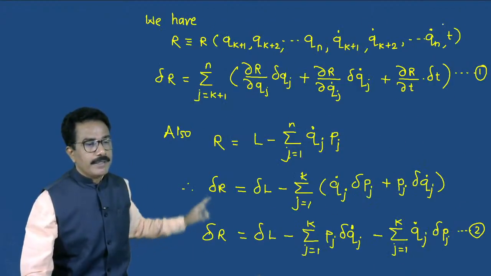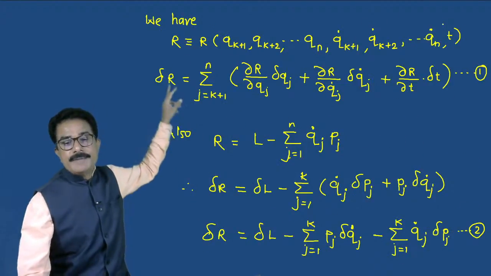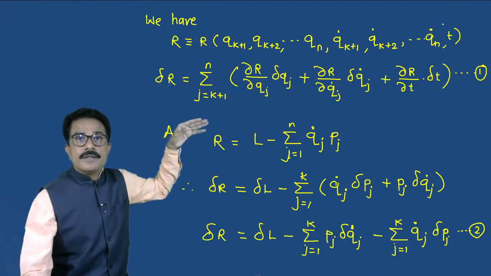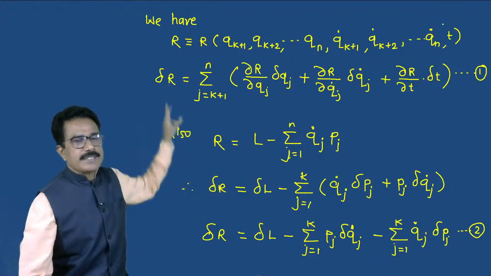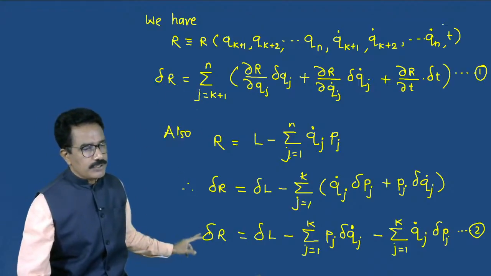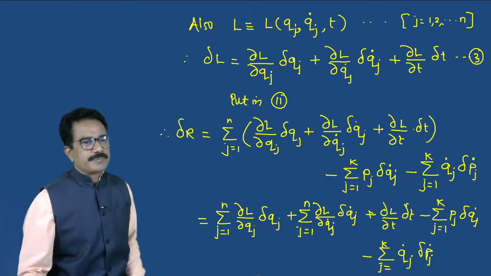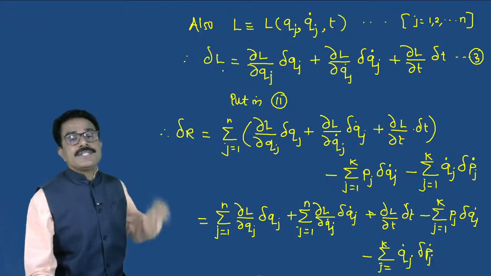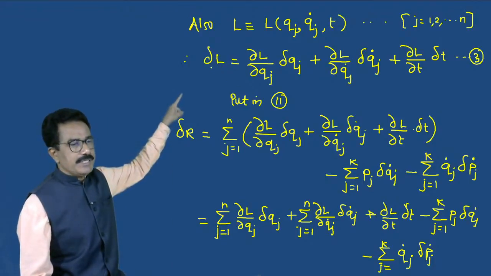In the Routh function, 1 to k are removed, so in the Routh function it is k plus 1 to n. In this way, we can define the Lagrange's function separately.